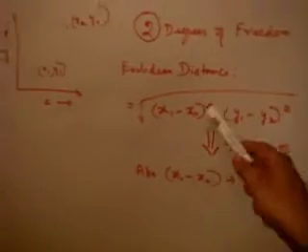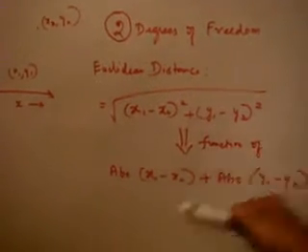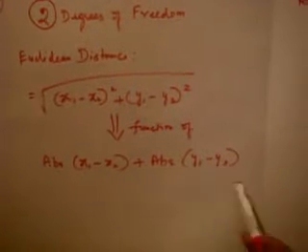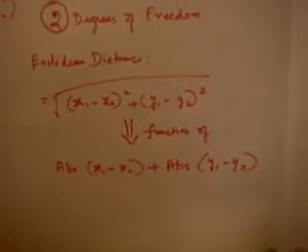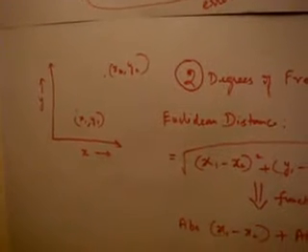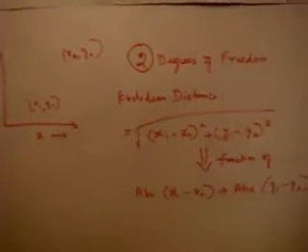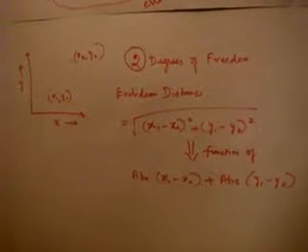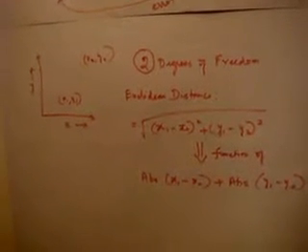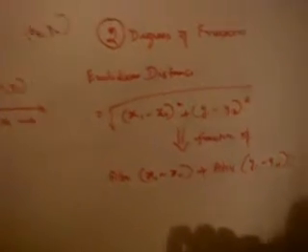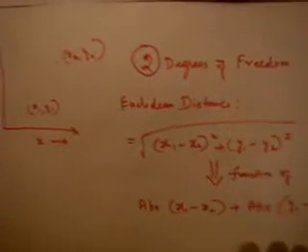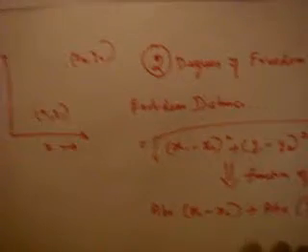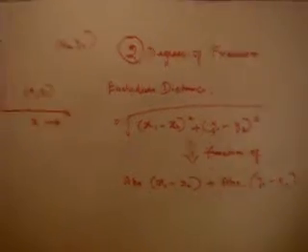So here it is, the Euclidean distance is basically a function of |x1 minus x2| plus |y1 minus y2|. So I guess you are clear with this. This is a simple thing to understand, so I'll just leave it like this.